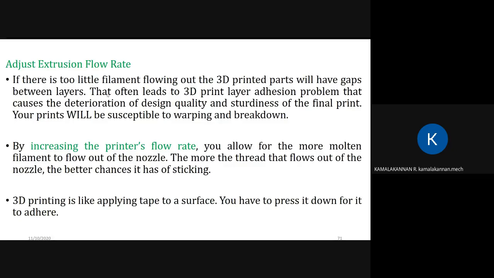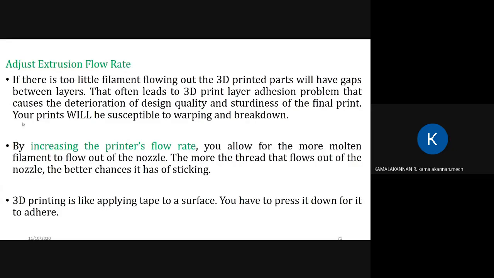If there is too little filament flowing out of the 3D printer, you will have a gap. If you have a low flow rate, there will be a gap. If there is too much flow rate, there will be a collapse. That often leads to layer adhesion problems.